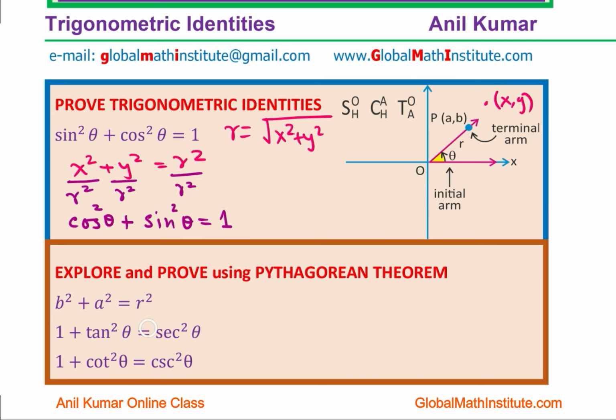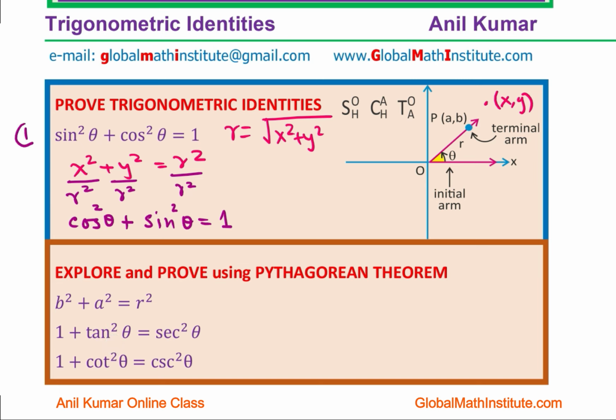If you follow this with A and B, you can also prove that 1 plus tan squared theta is secant squared theta, and 1 plus cotangent squared theta is cosecant squared theta. So simple as that. You can pause the video at this stage and prove the other two trigonometric identities.